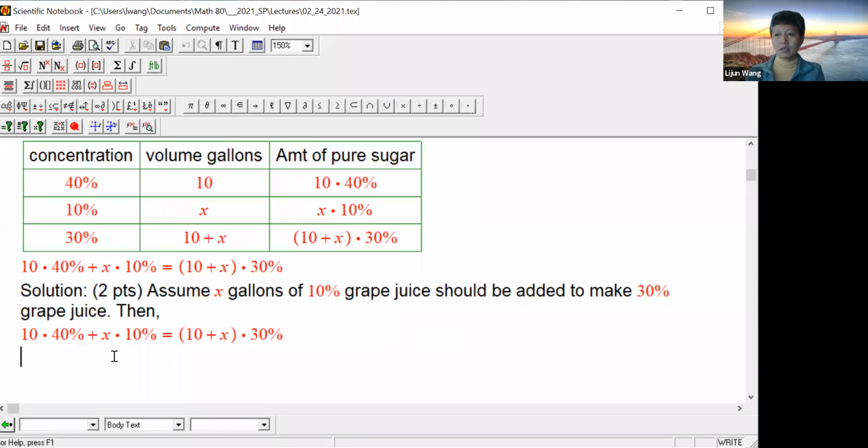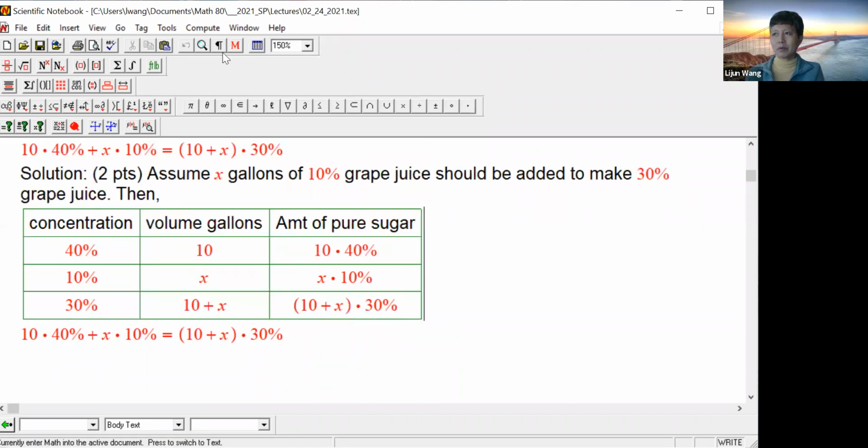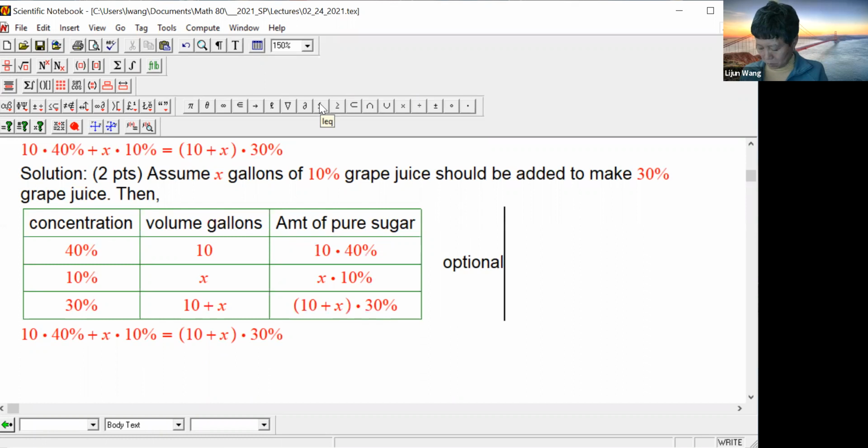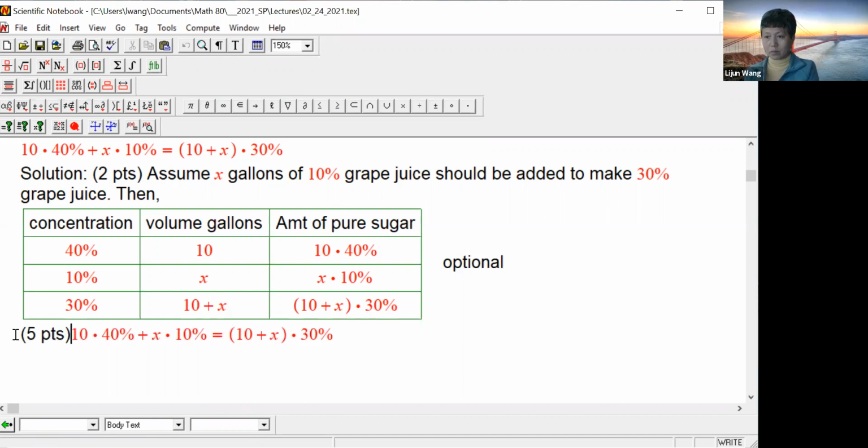If you want to put the tables there, just like the table we did before with the investment questions, it's optional. Optional means that you're not necessarily given points for it. And this equation, however, 5 points.